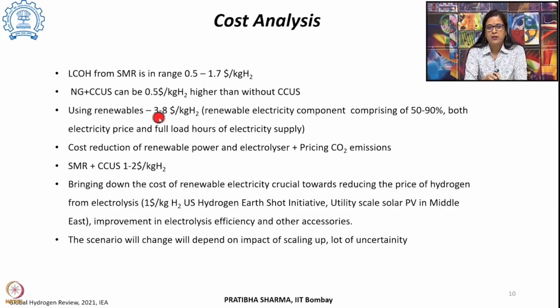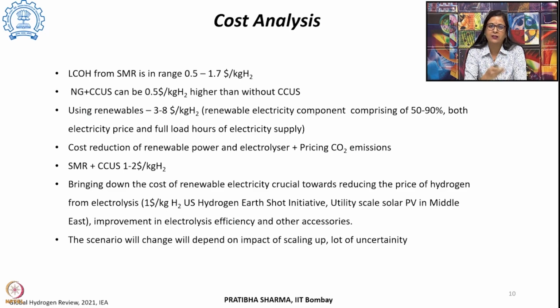And this gap between the cost of hydrogen being produced from reforming and from renewables will decrease with the reduction in the cost of renewable power as well as the decrease in the capex cost of the electrolyzer. There is another way in which the cost gap between the two methods will reduce, which will be when the carbon dioxide emissions are priced.